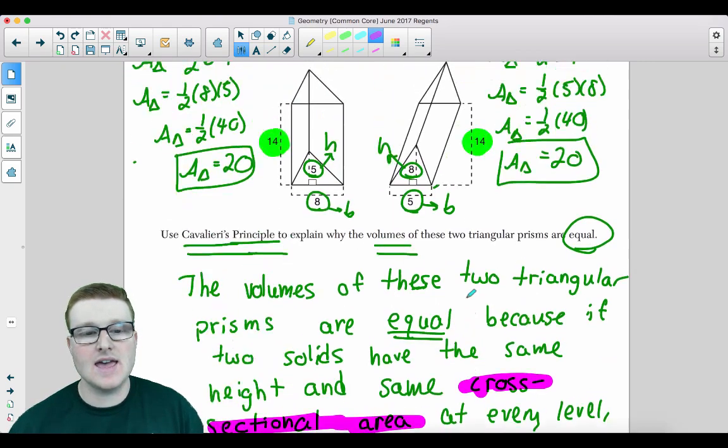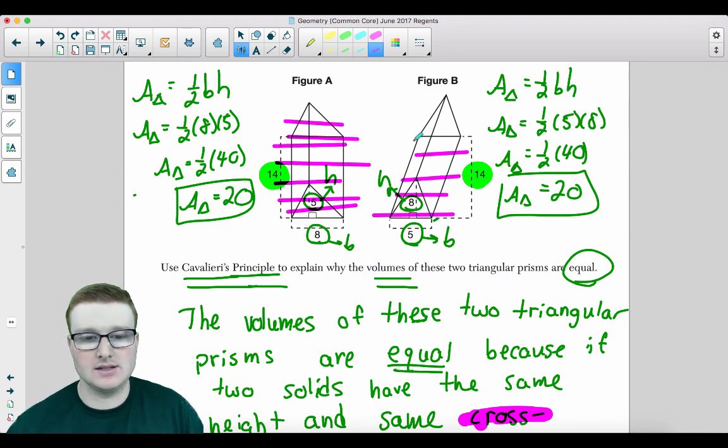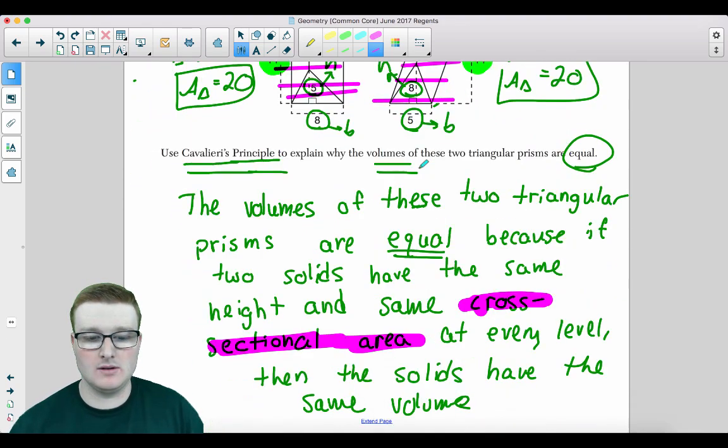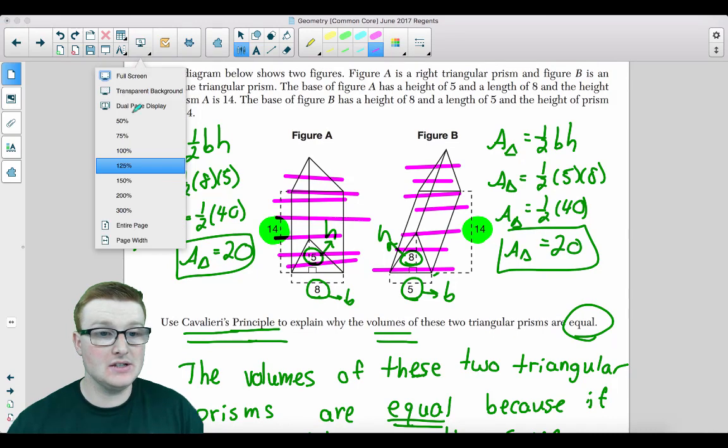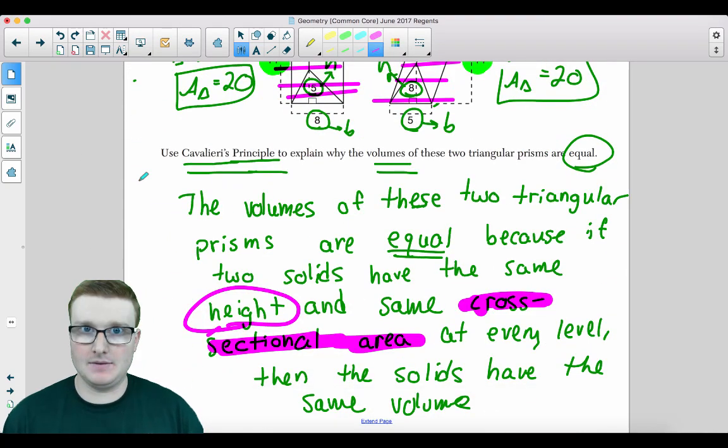So basically, if you slice these at every single level, the areas are equal. Doesn't matter how you slice it, it's still equal. And the height is the same. So we know for a fact that these two prisms are equal in volume by Cavalieri's Principle. And that's how you do that question.